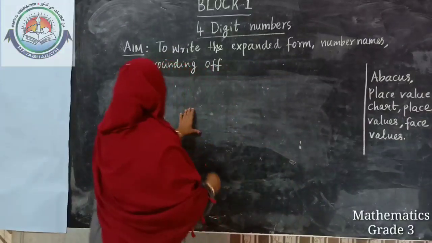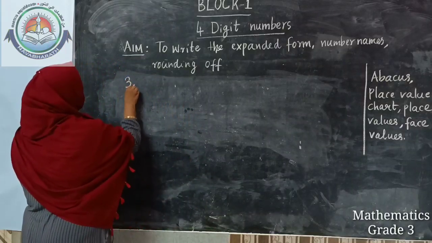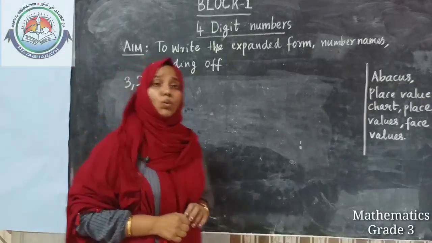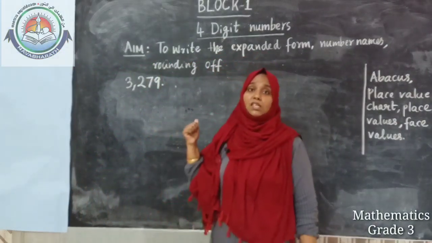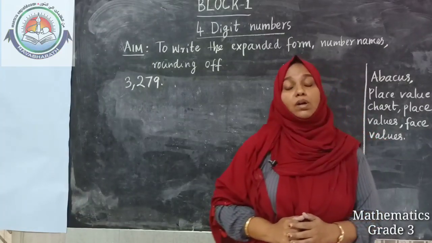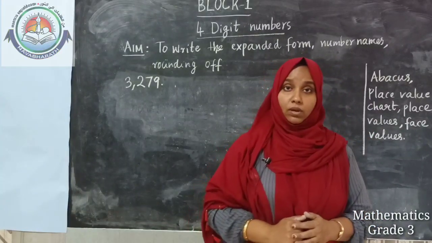Then I am going to write a number here: 3279. My question is, is this odd or even? How to find out whether a number is odd or even, children?